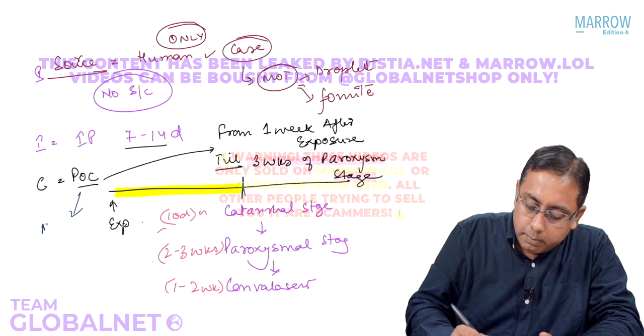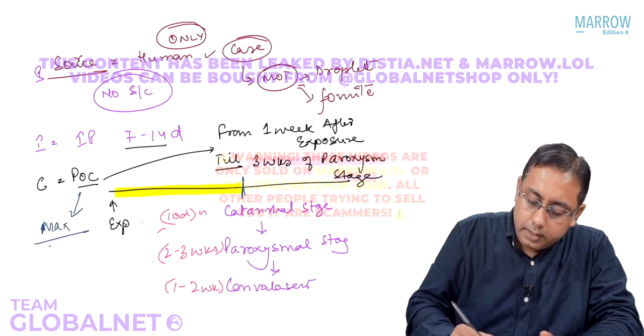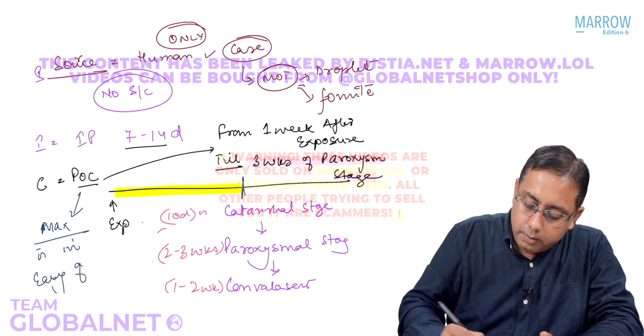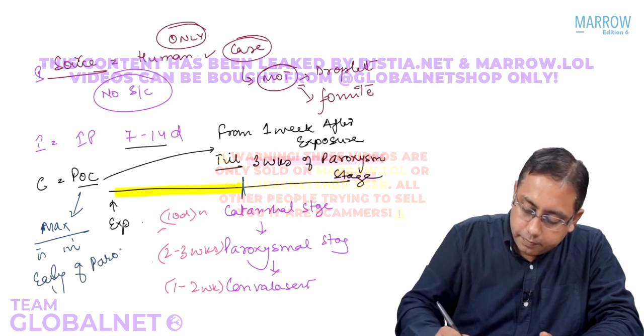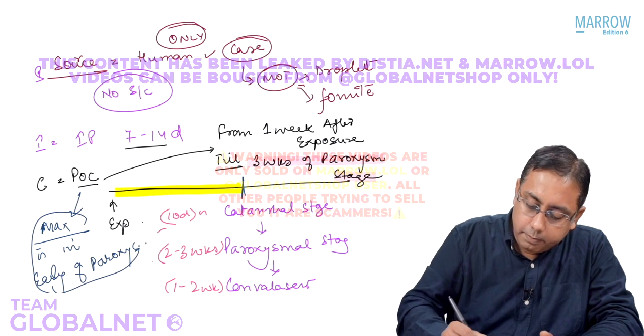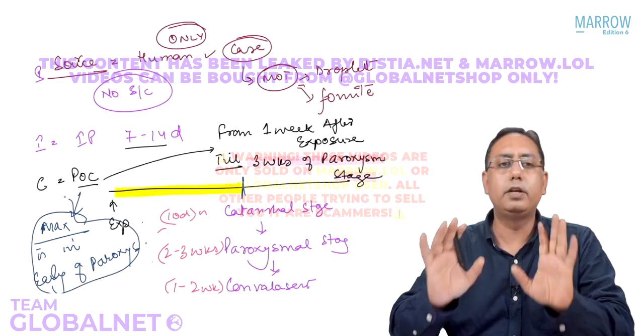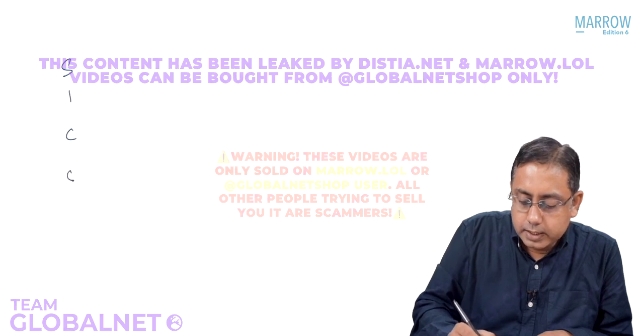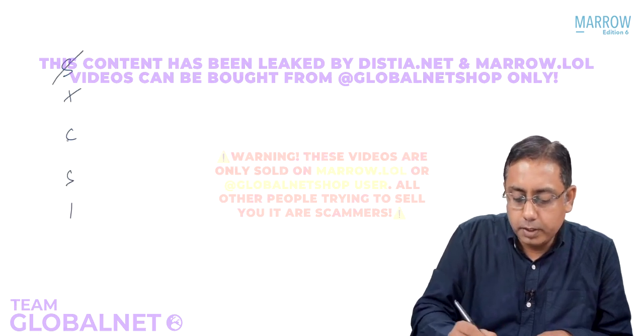The maximum communicability is in the early part of the paroxysmal stage. So with that, we have done S and I: sources, incubation period, communicability.